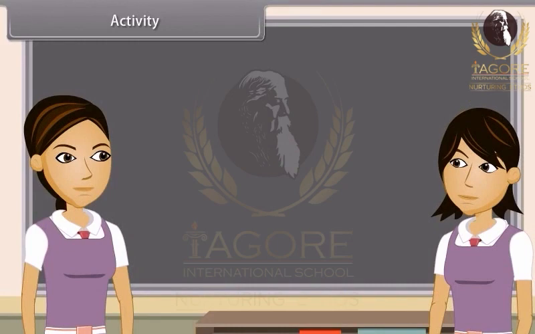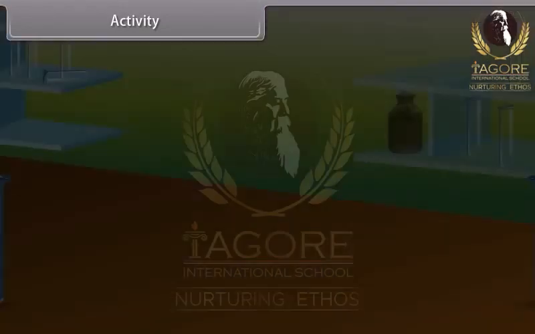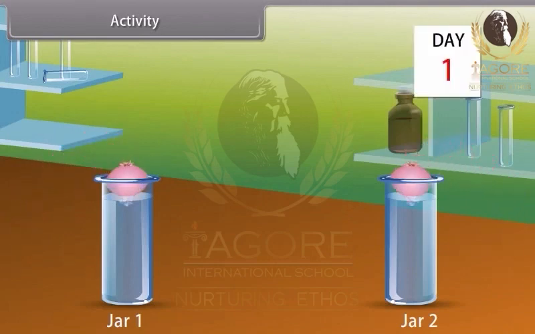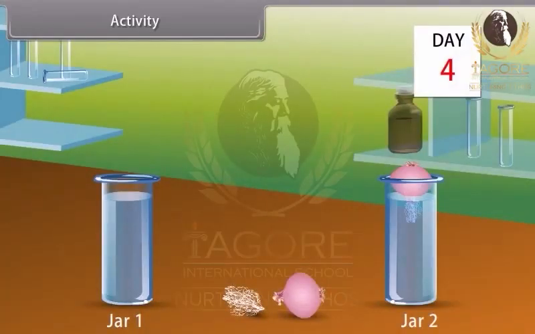Activity. We can prove that meristematic tissues are found in specific regions by doing an activity. I will take a glass jar and Ankita, you will also take a similar glass jar filled with water. Then we will place same-sized onion bulbs on each jar for 3 days to observe the growth of roots. Yes, we will measure the length of roots on day 1, 2 and 3. Then on the 4th day, you will have to cut the roots of the onion bulb.